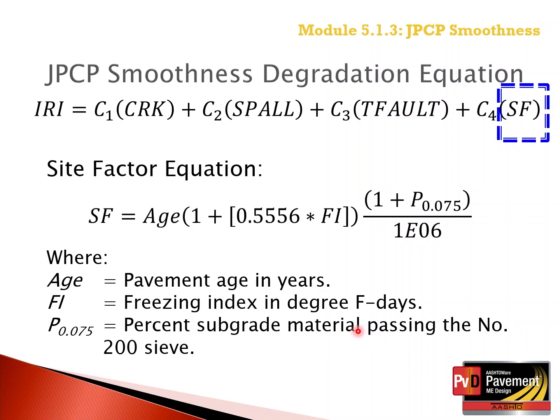The independent variables of the site factor include the pavement age in years, the freezing index in degree Fahrenheit days, and the percent of subgrade material passing the number 200 sieve. So pavement age, the freezing index, FI, and the percent passing the number 200 sieve.